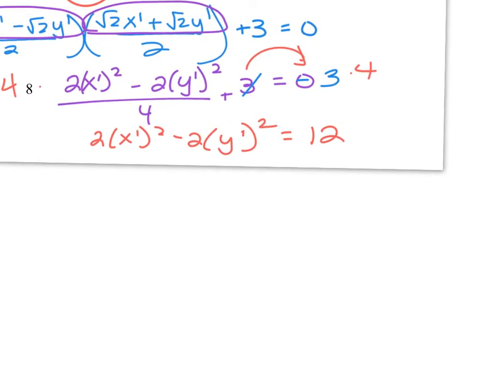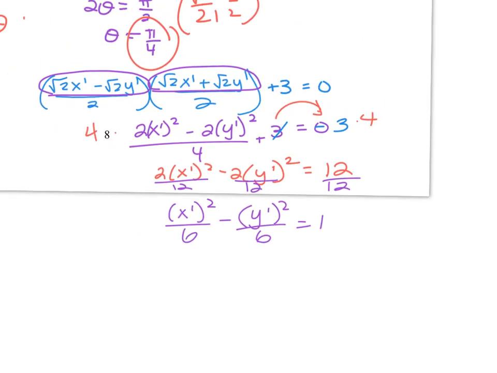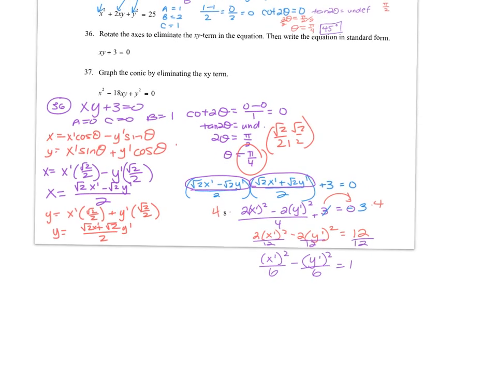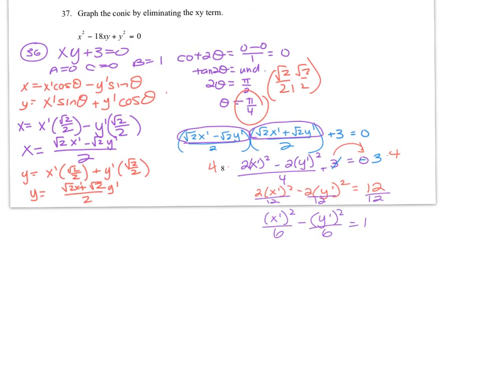So I'm going to divide everything by 12. And I get x prime squared over 6 minus y prime squared over 6 equals 1. And that's all 36 asks for, is just to write the equation in standard form. So for 36, we're done.